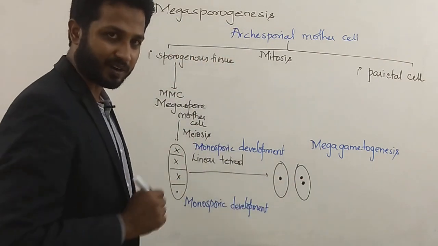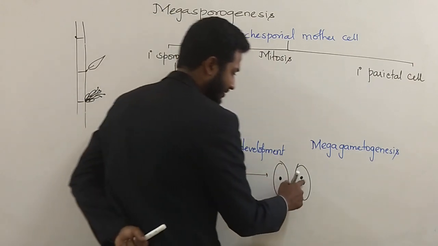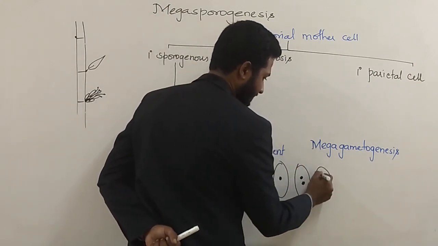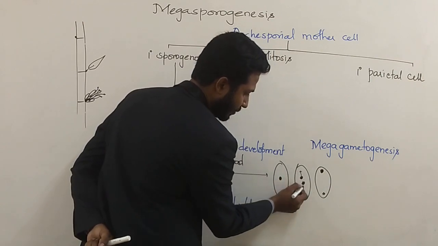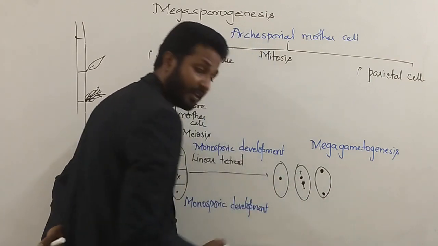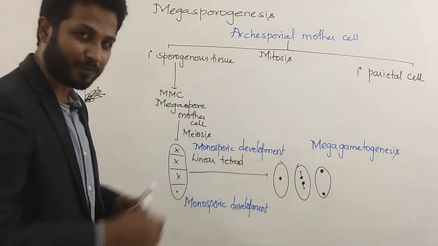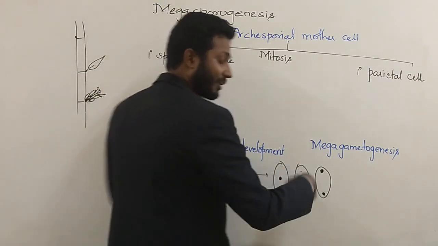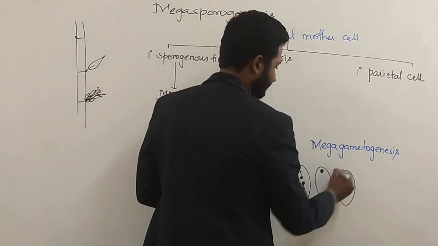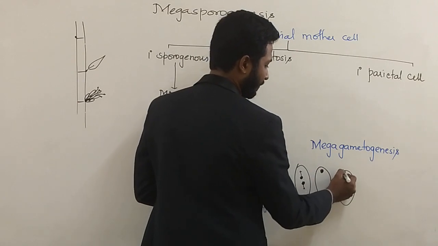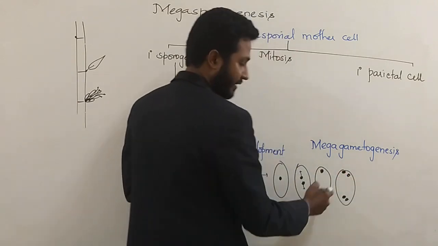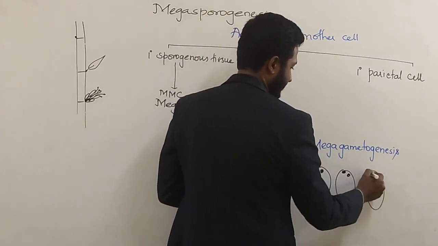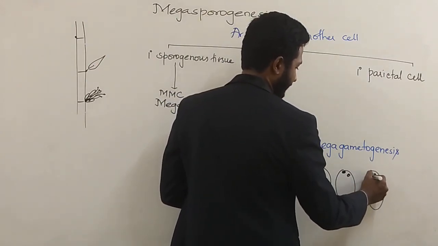After forming two daughter cells, each cell shall migrate towards the opposite pole. Once they migrate towards the opposite pole, these cells are gonna divide further. The cell will divide to form 4 cells. From 4 cells, we see an 8-celled condition being formed.